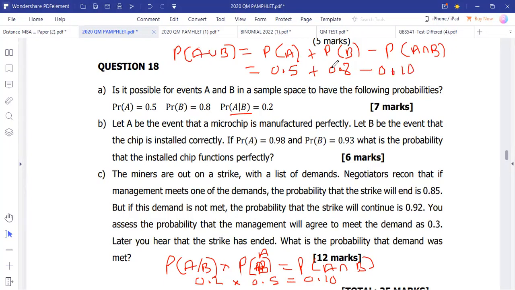So when you add this plus that, minus that, what are we getting? 1.2. So does the sample space exist? No. Why? Because this one is more than 1. So this is the formula that you use to validate whether the sample space exists. Are we together?